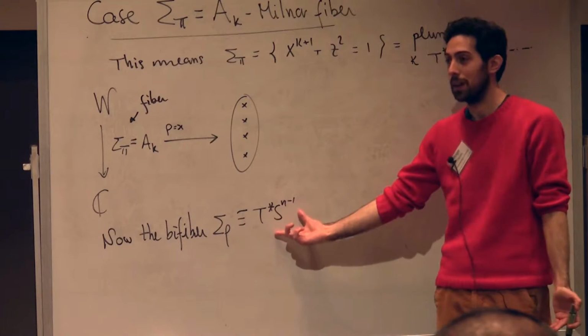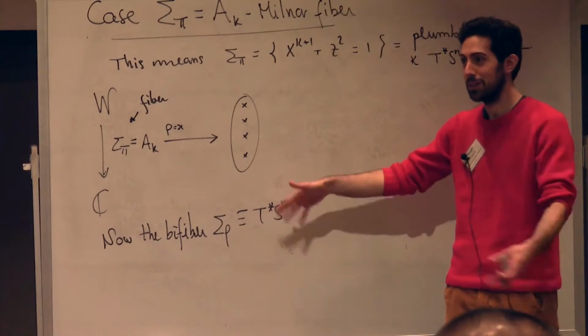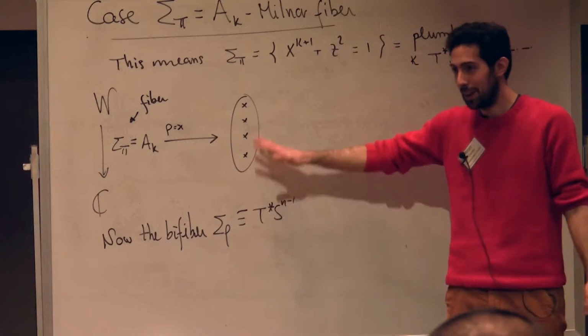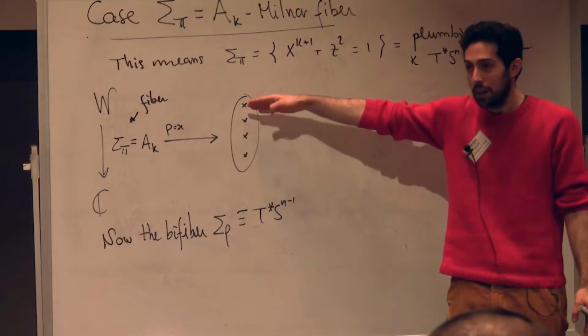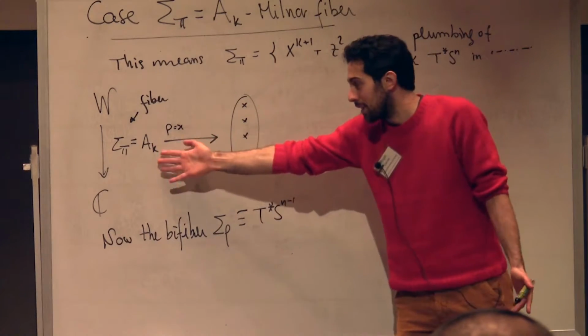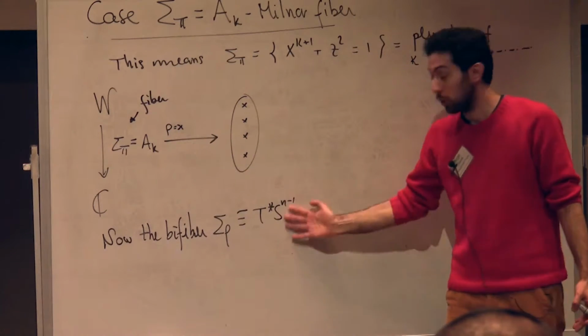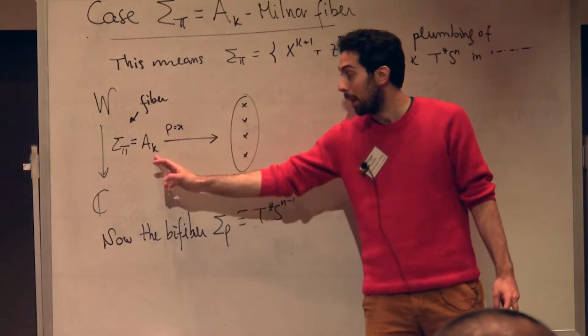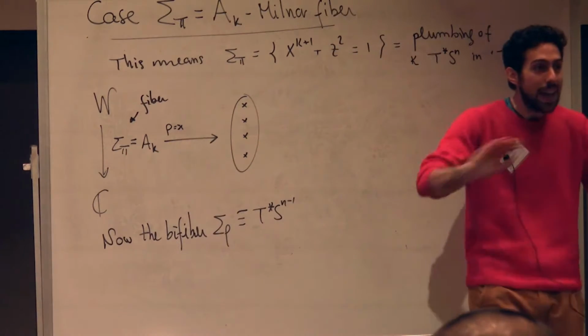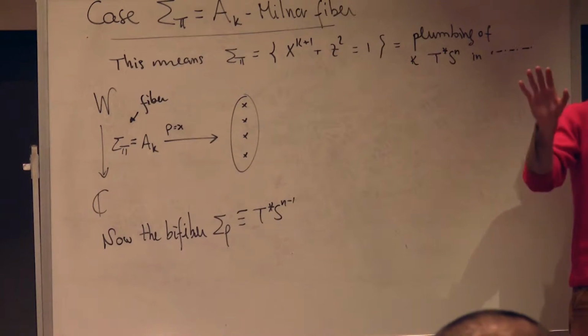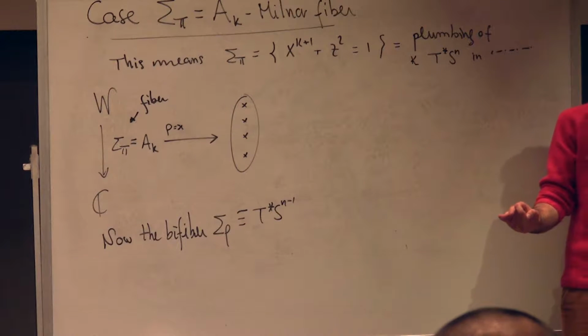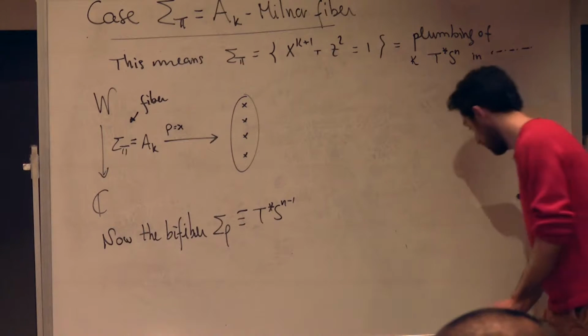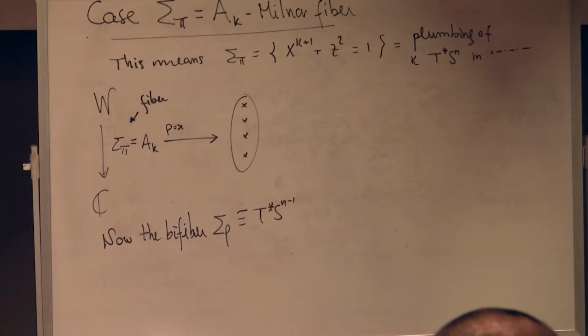Because what are the possible exact Lagrangian spheres, well, up to Arnold isotopy, and you can check in this case the vanishing cycles are all the same, are all the zero section. So this means that if my fiber sigma pi is A_k, I can draw any path I want, and that describes me a sphere in A_k. Okay? So, hopefully that's clear.